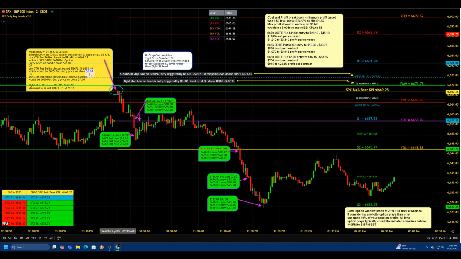And finally, the last option that you would have for a bearish entry here off the BBKPL would be using the furthest out of the money strike, which would be based on the S1 level, and that was the 66.60 put strike, and the price on the close of this 9:30 candle for that strike was $7, so your cost would be $700 per option contract.